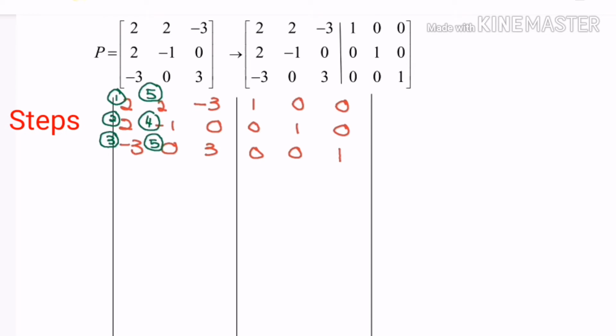I'm going to do them at the same time, to change them into 0. Step number 6 will be A33, which I'm going to change into 1. And step number 7 will be A13 and A23. So that is the process of using the ERO to find the inverse of matrix P.